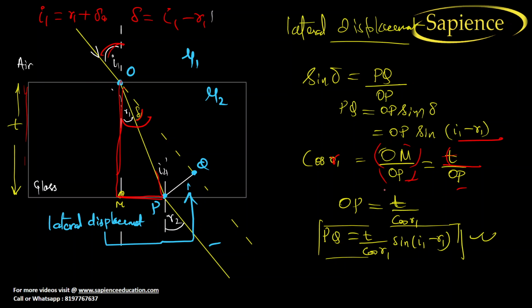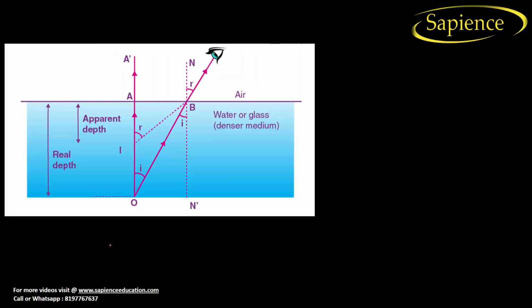From here OP is equal to T by cos R1. So finally PQ is equal to T by cos R1 into sin of I1 minus R1. Just put the values, because we have got OP as T by cos R1. So finally PQ is your lateral displacement or lateral shift. I hope you have understood this.